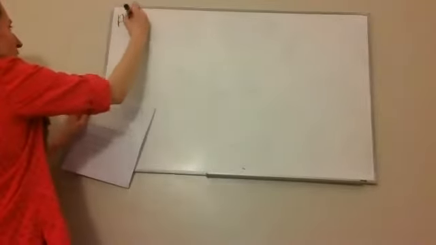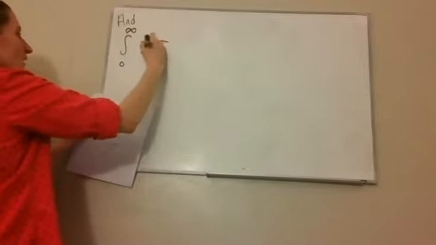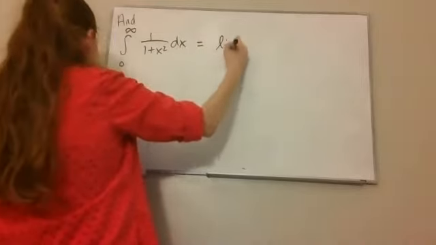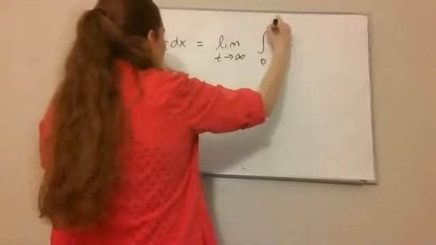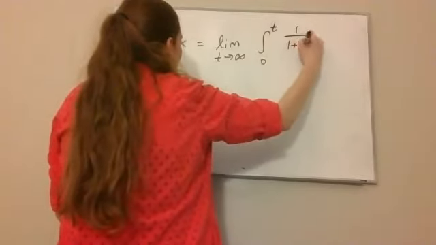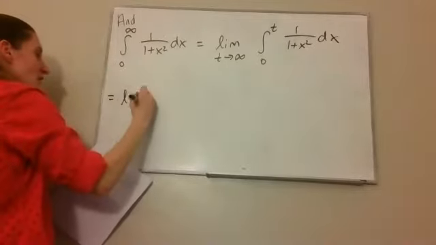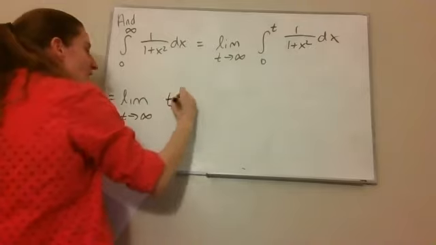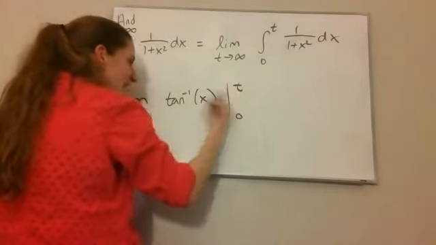Now let's look at the other one, the integral from 0 to infinity of my same function. Well, that's a limit as t goes to positive infinity, integral from 0 to t of my function. That's limit as t goes to infinity of my inverse tangent of x, evaluated at t and at 0.